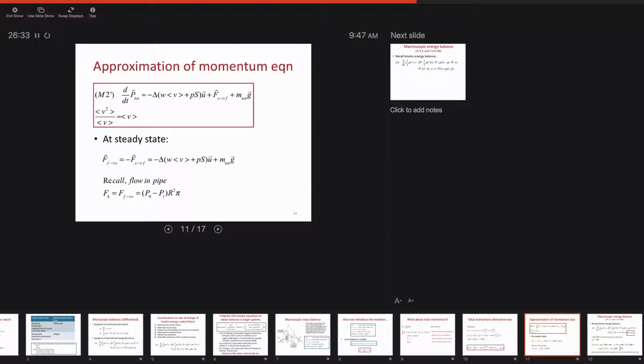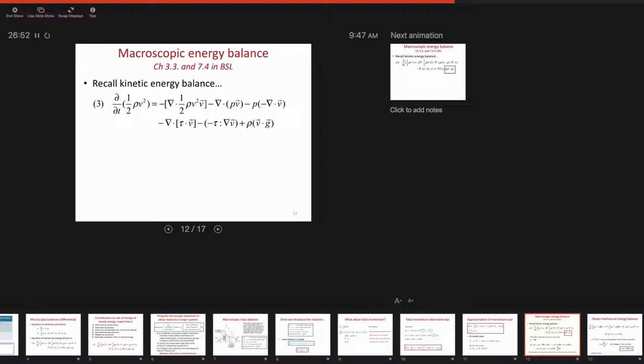Okay. And for flow in a pipe, we know what this term is. All right. Now, to get to the macroscopic energy balance, there is a little bit of rewriting of these terms. This is the kinetic energy balance, but if I'm looking at the total energy balance, I need to incorporate the potential energy as well.